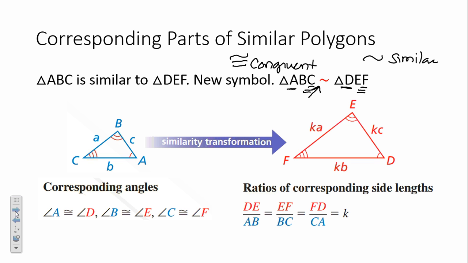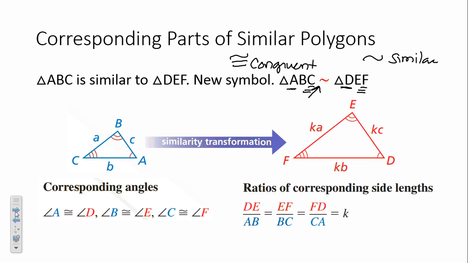When I scale up, is it going to have a scale factor bigger than 1 or smaller than 1? Bigger than 1. Okay? That means that we want to have the sides of the bigger triangle in the numerators of our fractions. Denominators have the smaller triangles. Okay? So far, so good?